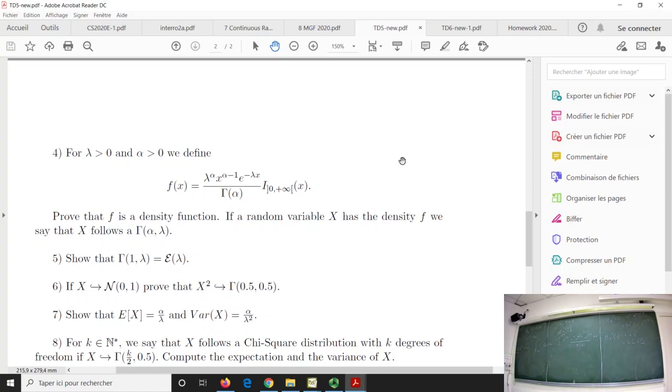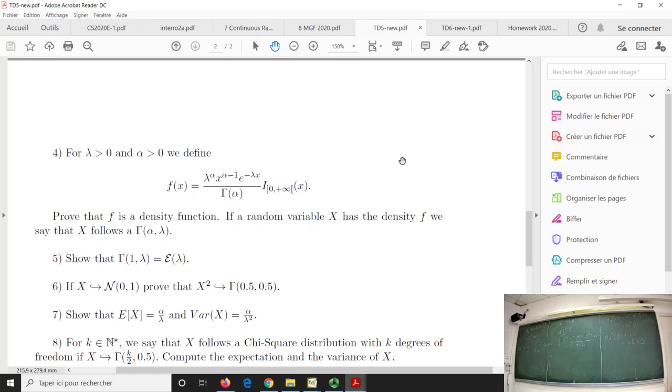My question is: how to compute this? What can I do? Keep in mind that you know that all these integrals are equal to 1, for any alpha, any lambda. It means that if I have something of the form x to some power and a negative exponential, you will be able to compute the integral.